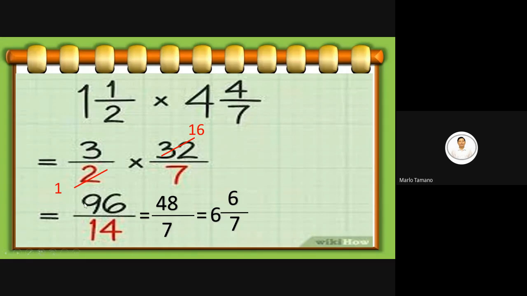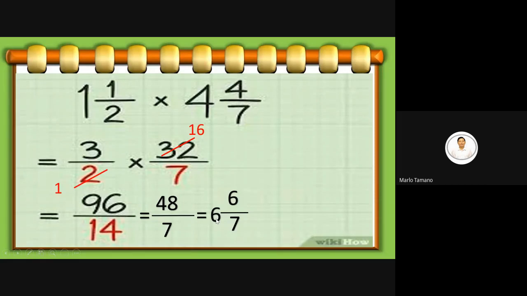Then, to get the lowest term, we have here 96 over 14. They are both divisible by 2. So 96 divided by 2 is 48. 14 divided by 2 is 7. Then we can convert this 48 over 7 into a mixed number. How many 7s do we have in that 48? We have 6.